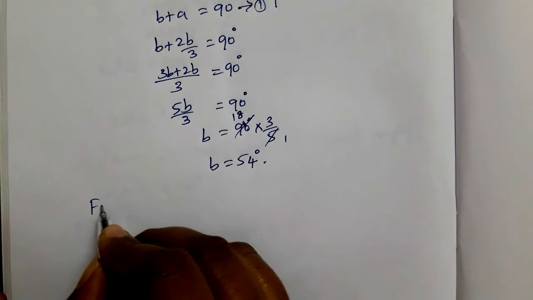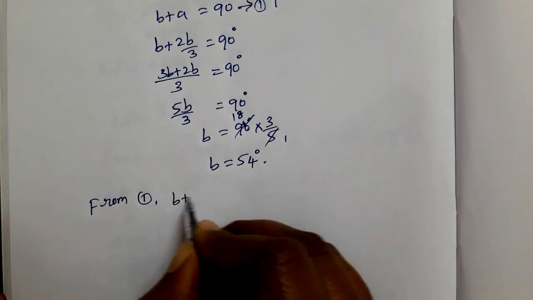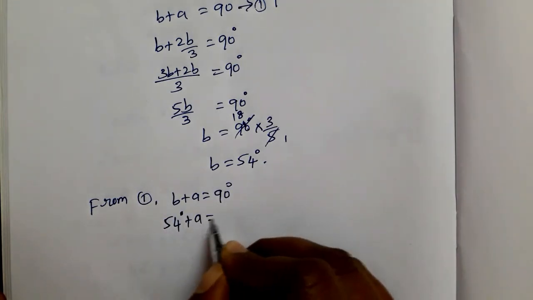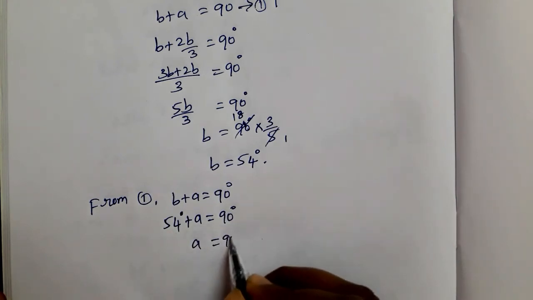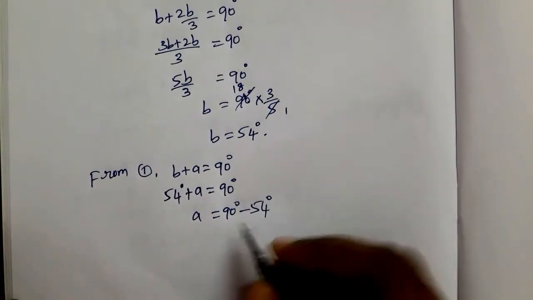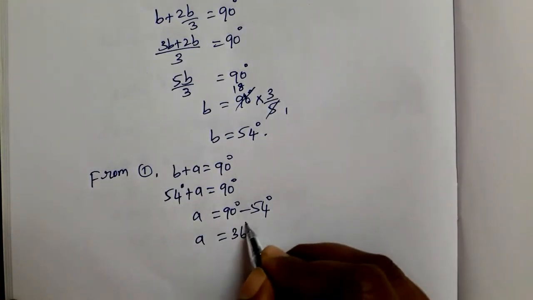So from equation 1, b plus a equal to 90 degree. So 54 degree plus a equal to 90 degree. So a equal to 90 degree, this plus 54 degree becomes that side, minus 54 degree. Do the subtraction here. We will get a equal to 36 degree.